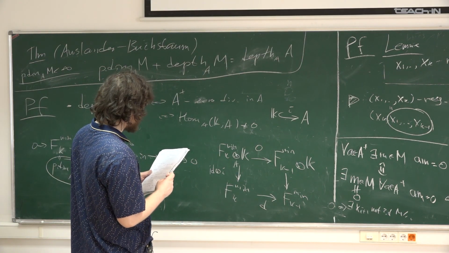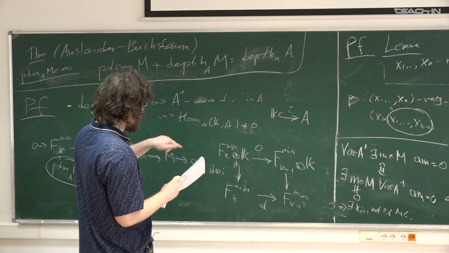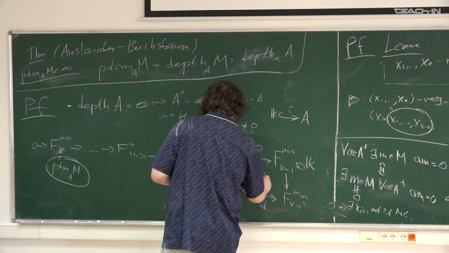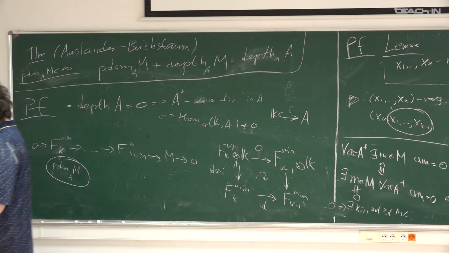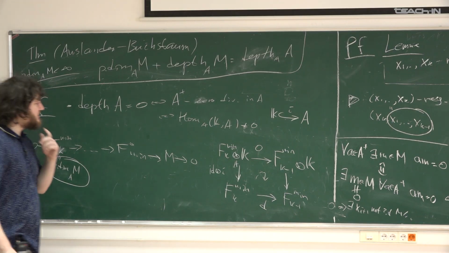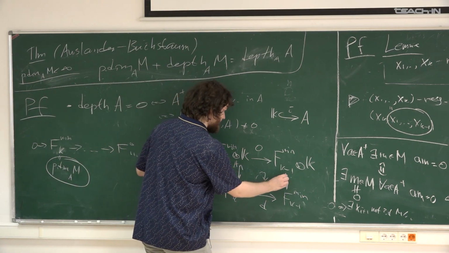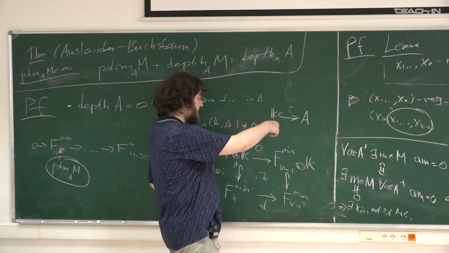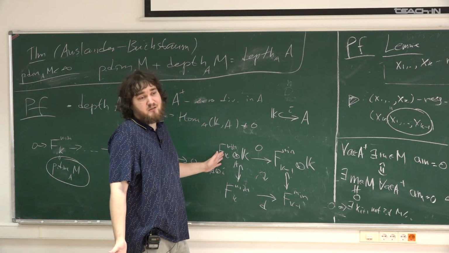Then this square is commutative. And I want to say just that this map is injective. It's because this map i is injective, and these modules are free, so they are flat.